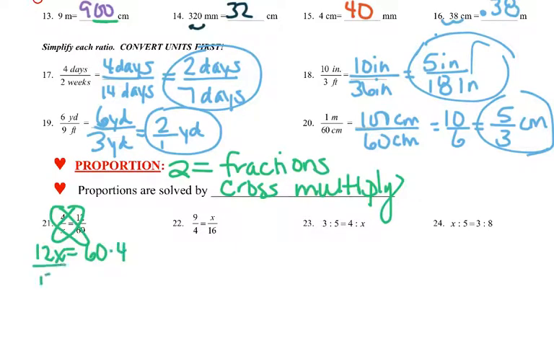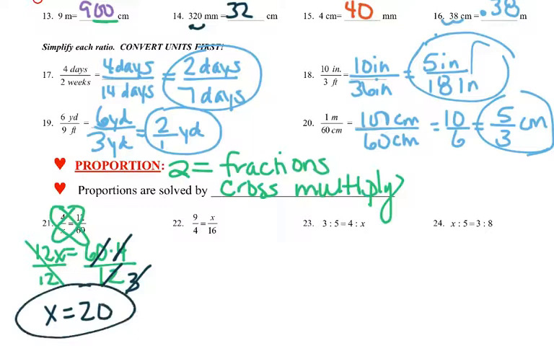Now I don't even always multiply out the 60 times 4, especially if I don't have a calculator. I can just write it as 60 times 4 divided by 12, and then I can cross cancel, like 4 goes into 12 3 times, 3 goes into 60, final answer is 20. So cross canceling kind of is helpful.